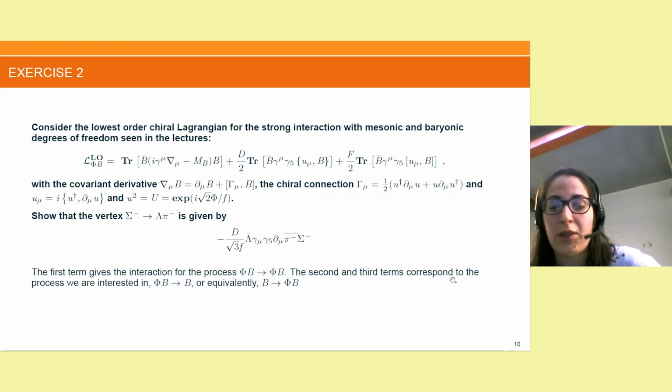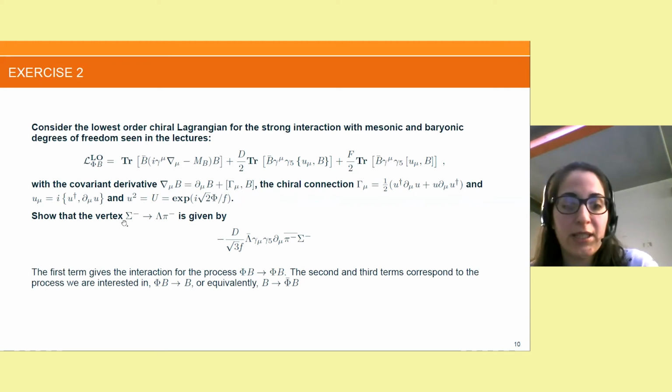And the second and third terms are the ones that actually contribute to this kind of vertex, meson baryon going to a baryon, or equivalently, if you change, you can do this change, right?